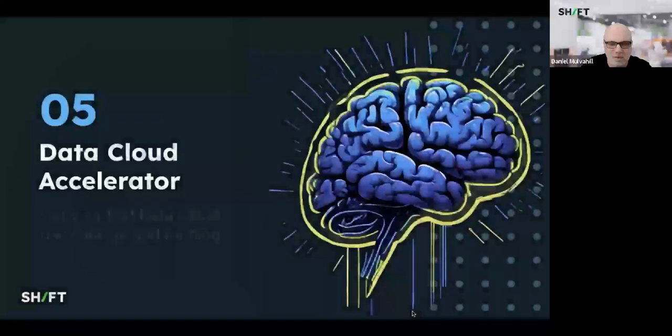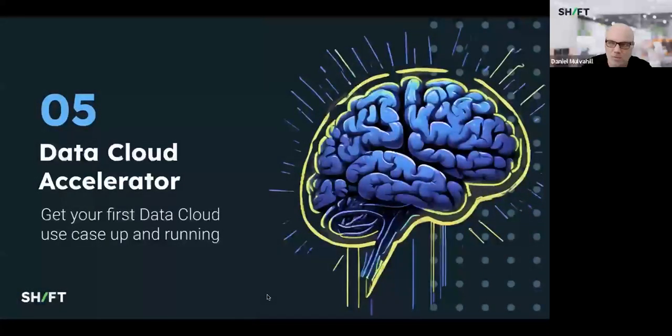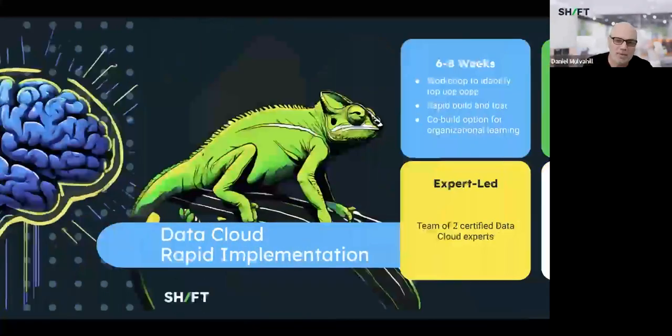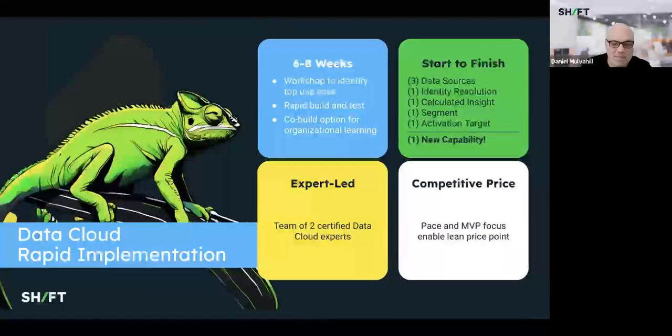Okay, one thing that we like to help people with is just getting started. I think you see from here, we just want to show you what Data Cloud's like and how you can use it. If you jump to the next slide, we have a rapid implementation offering where in 6 to 8 weeks we can help you get your first use case in Data Cloud up and running and delivering value.